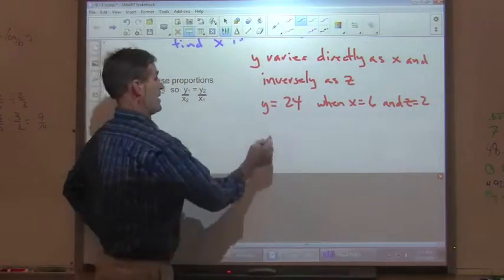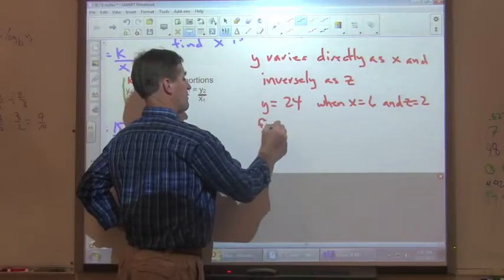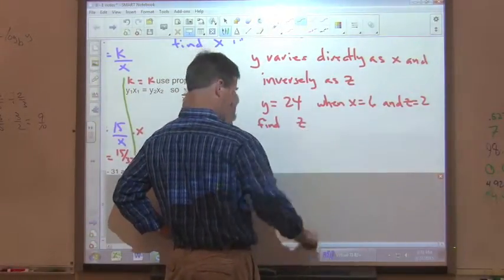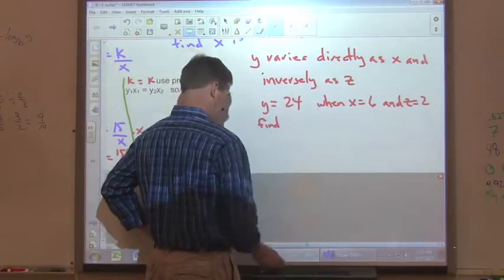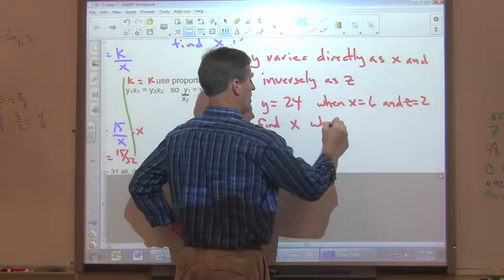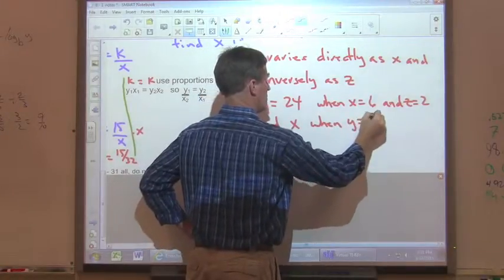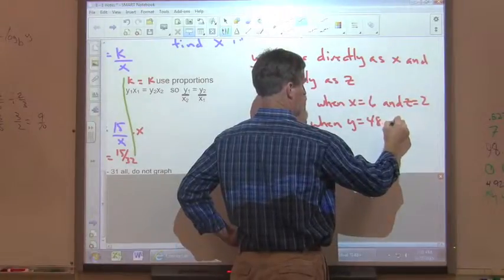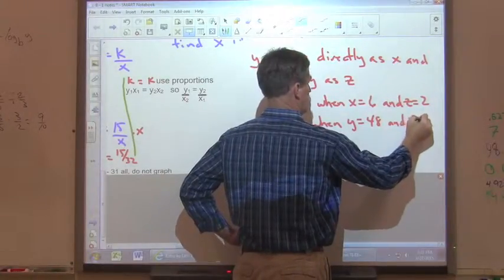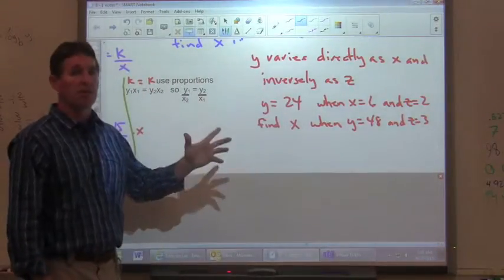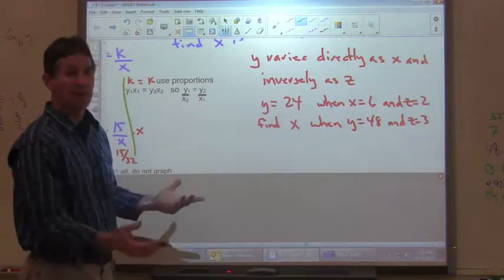All right? And let's find x. Find x when y equals 48 and z equals 3. So these become difficult to do as proportions, and I just find it a lot easier to use solving for k.